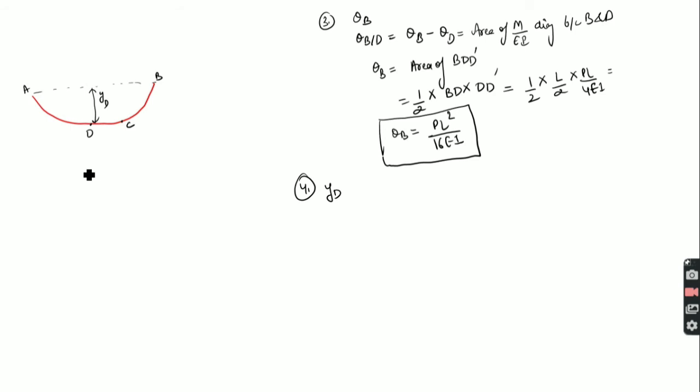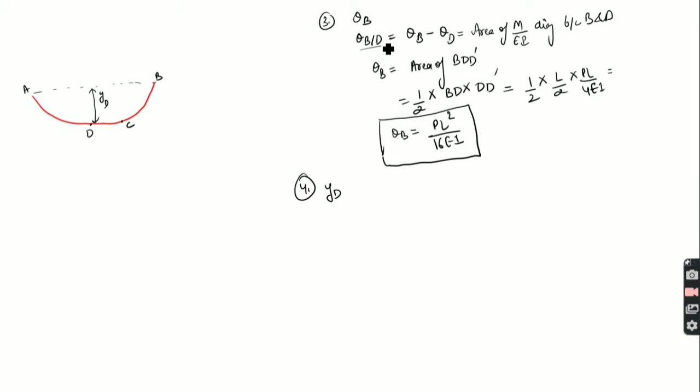You must be clear that the moment area method does not give you the equation to solve theta or y directly, but it gives you the equation to solve these two values indirectly. When we wanted to calculate theta b, we used the angle theta bd, which is theta b minus theta d.